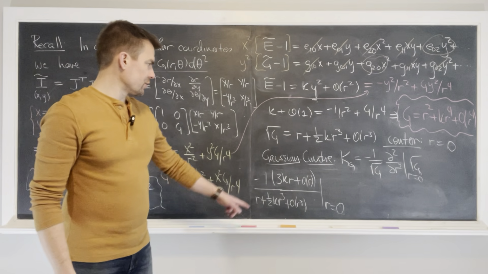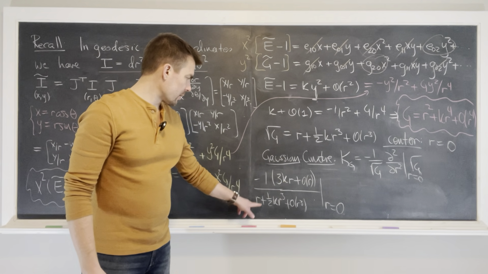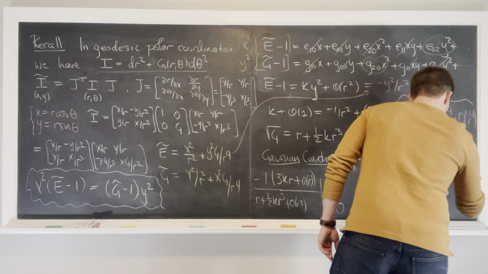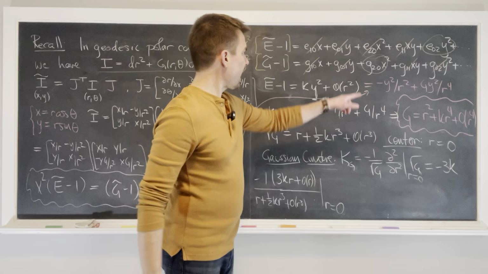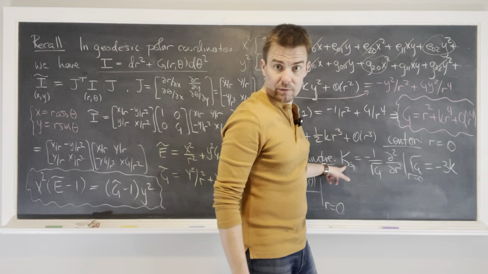So what's the conclusion? The leading order term is r, so I have an r over r, so I get a -3k. So this limit over here is -3k, and therefore this k coefficient in my fundamental form is negative the Gaussian curvature over 3.